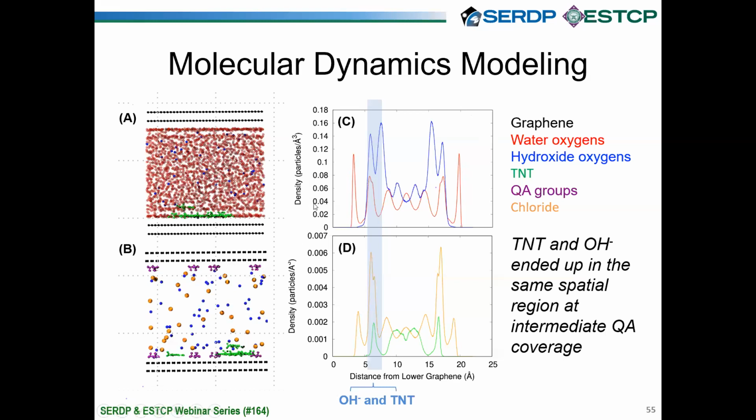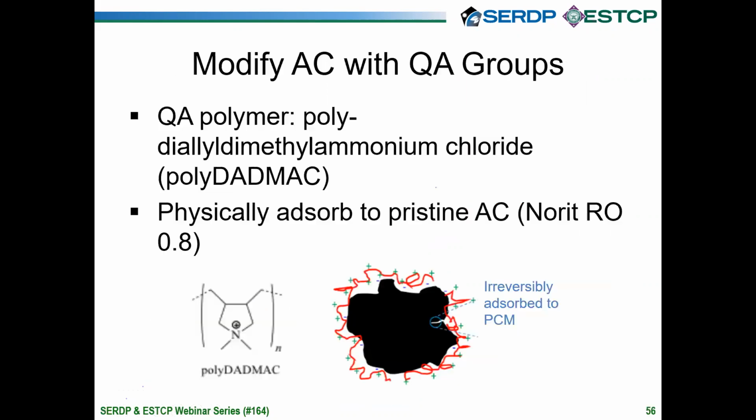We then plotted the density profile in panels C and D, where OH- was shown in blue and TNT was shown in green. Our results suggest that at intermediate QA coverage, OH- and TNT were accumulated in the same spatial region, which could explain the enhanced hydrolysis we observed in our experiments.